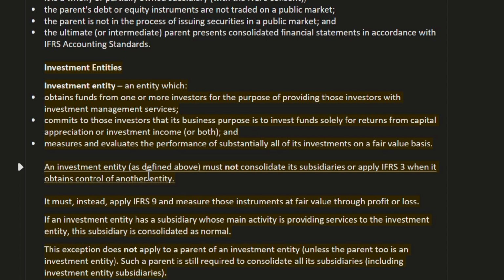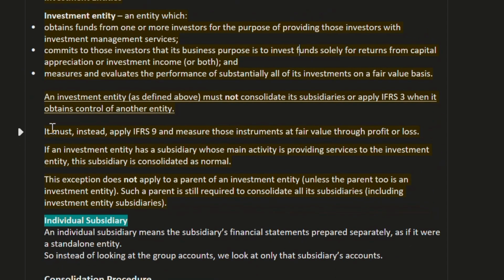An investment entity as defined above must not consolidate its subsidiaries or apply IFRS 3 when it obtains control of another entity. So they will not consolidate their subsidiaries or apply IFRS 3 Business Combinations.